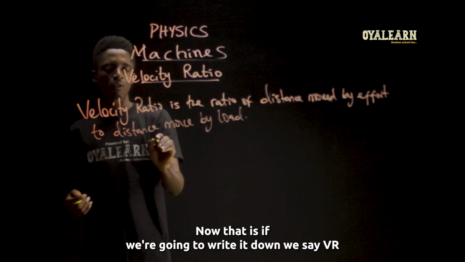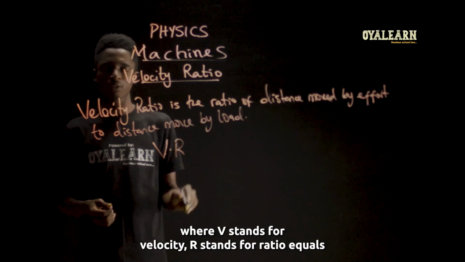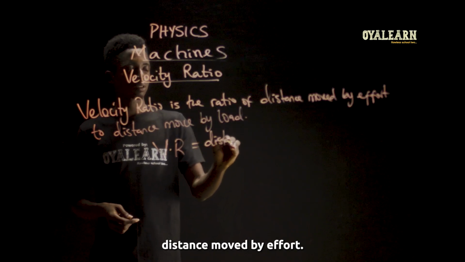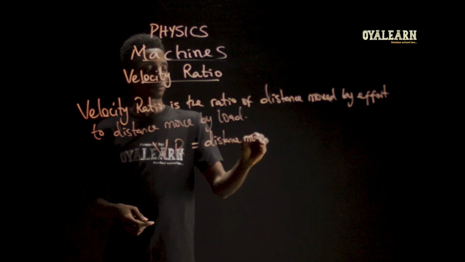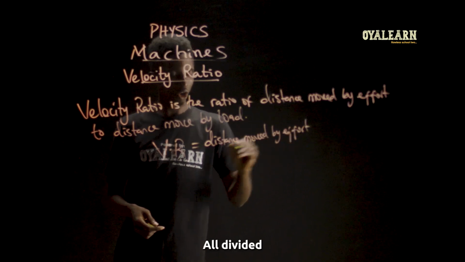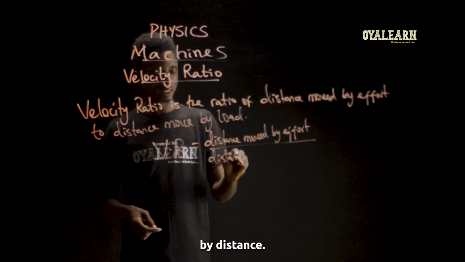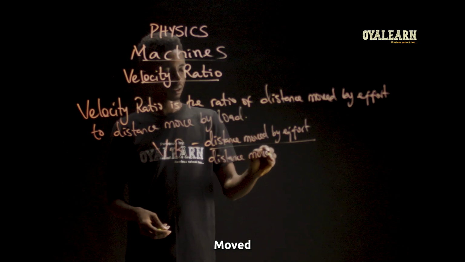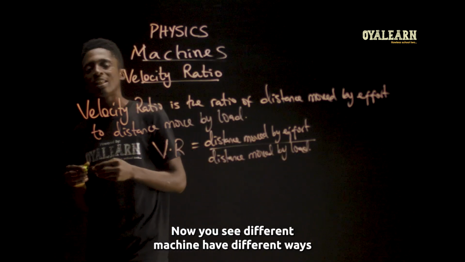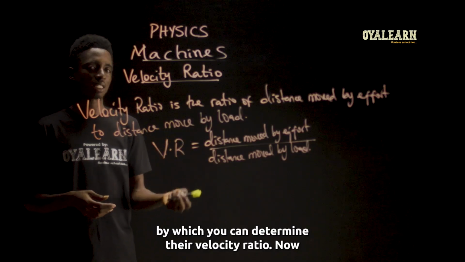That is, if we're going to write it down, we say VR, where V stands for velocity, R stands for ratio, equals distance moved by effort all divided by distance moved by load.